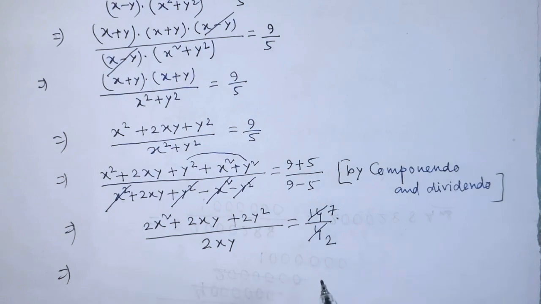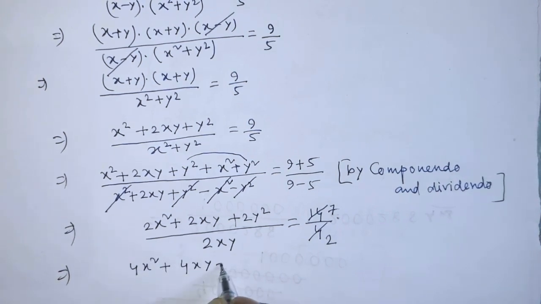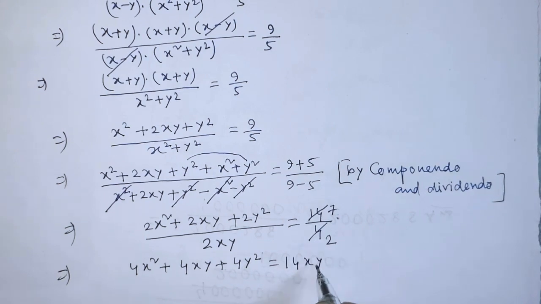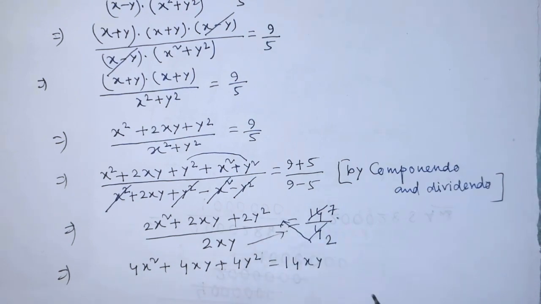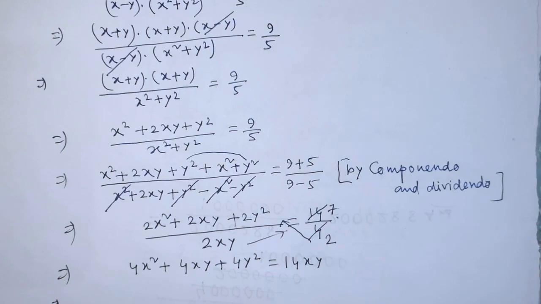According to the cross multiplication rule, we can write from this equation 4x² + 4xy + 4y² is equal to 14xy. So after that, students, we have to transpose 14xy from the right hand side to the left hand side.